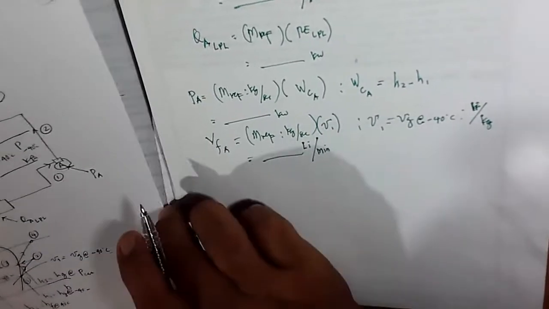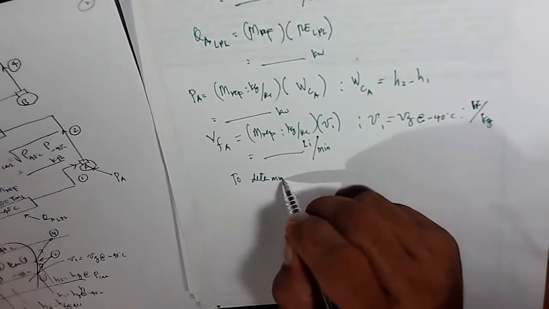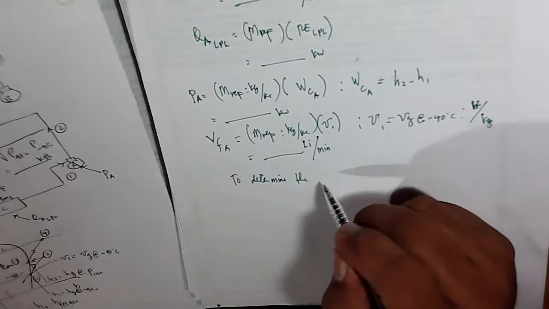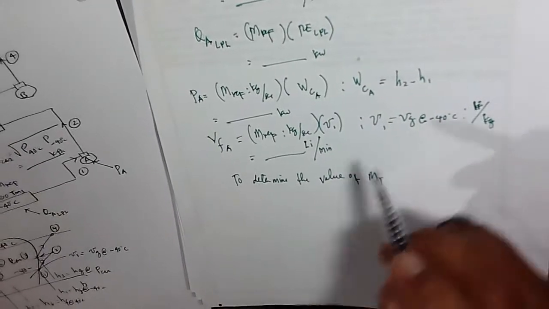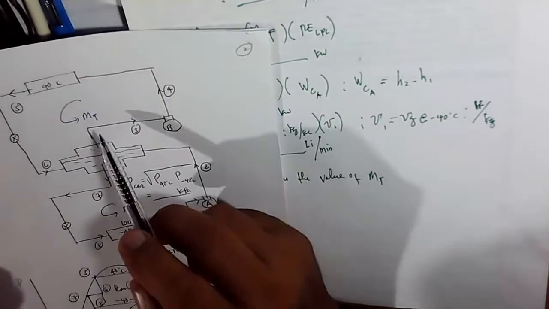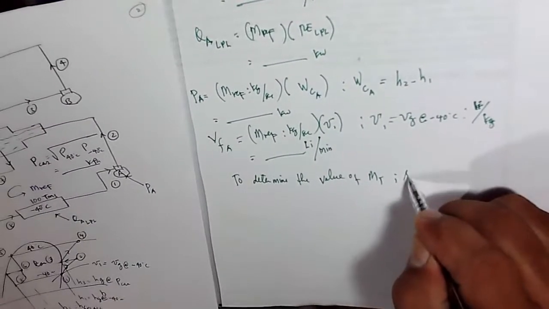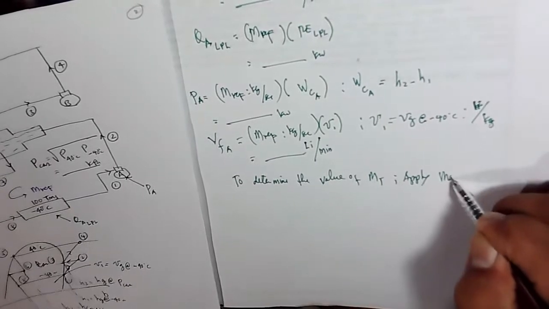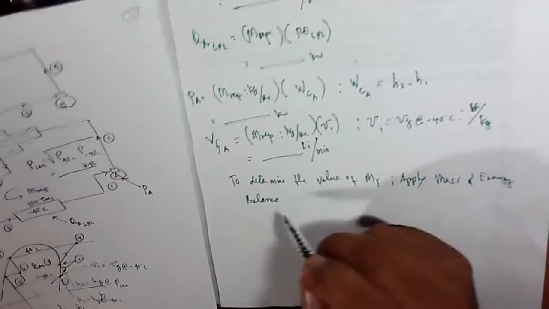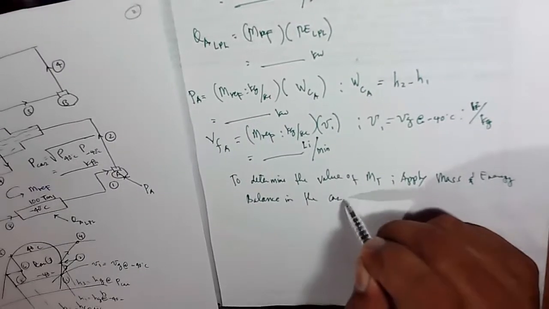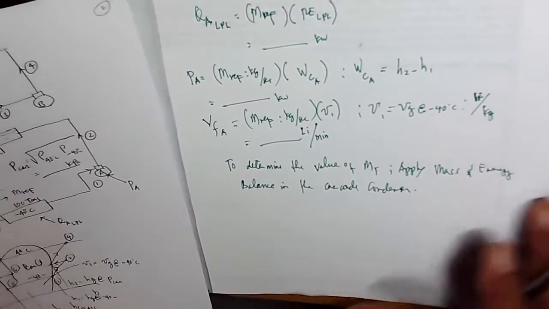To determine the value of your MT, or the mass circulating into your upper loop system, then apply mass and energy balance in the cascade condenser. Okay, so isolate the cascade condenser, this one.